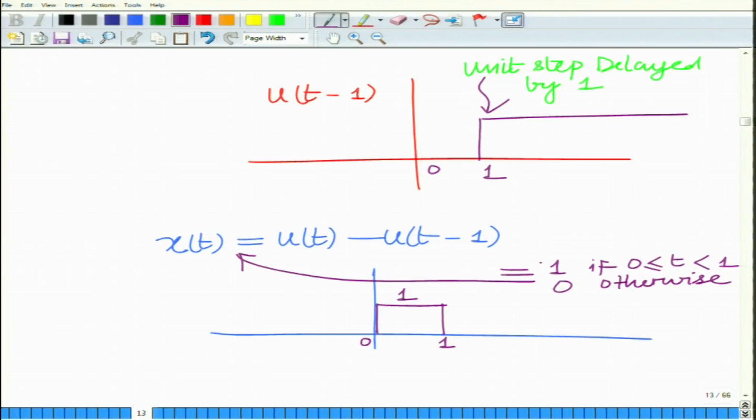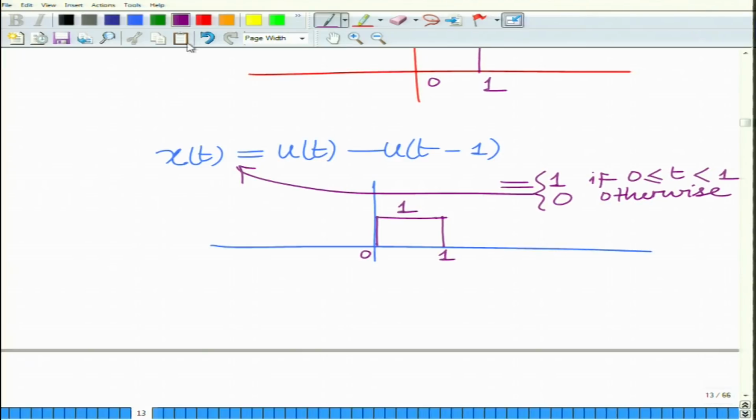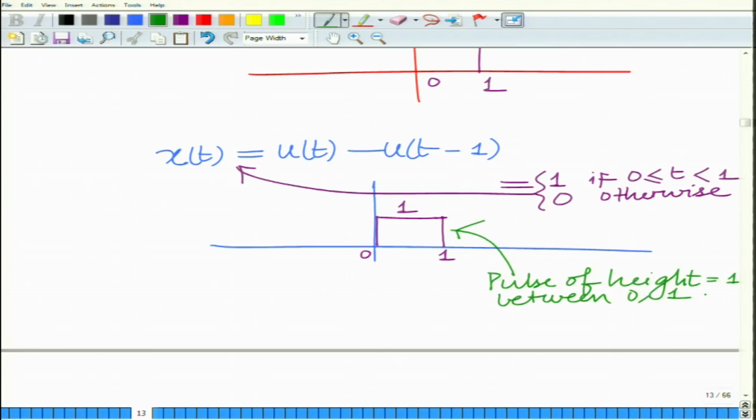Okay. So, this is your x t. Basically, it is a pulse of height 1 between 0 and 1. You can clearly see this is a pulse of height equal to 1 between 0 comma 1, that is from t equal to 0 to 1.